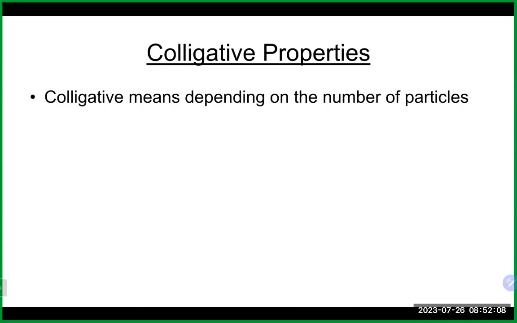So colligative properties of solutions basically is dependent on the number of particles that are present. So the number of particles that are present in, say, a solvent will have an effect on properties of, say, that solvent.